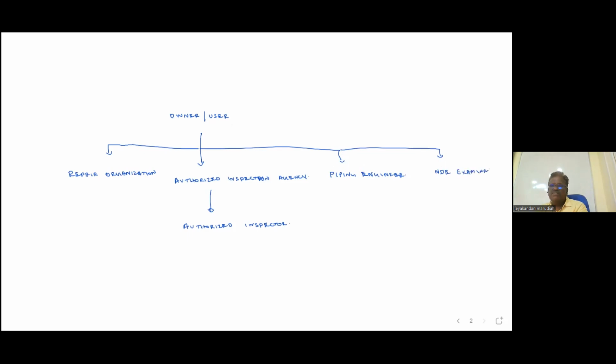Examiner means technician. Actually, the NDE examiner, even though he directly reports to the owner-user, will work under the inspector only. He will report to the inspector, but his contract will be direct with the owner-user. There is one more person of concern, he is not part of the team, he is a corrosion specialist.